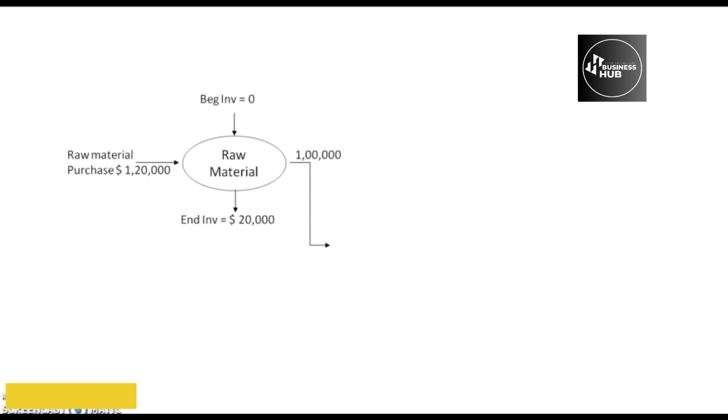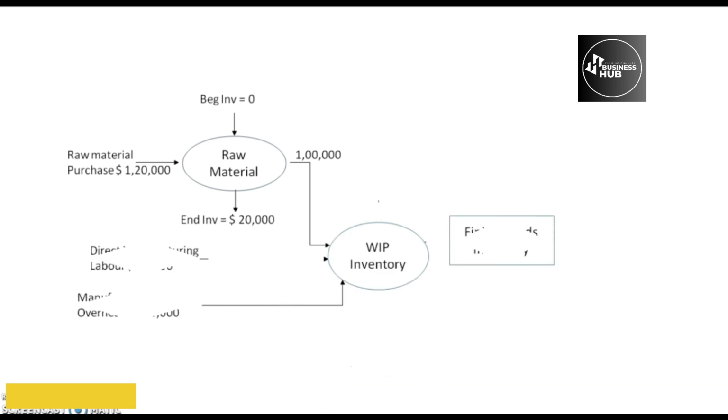Now comes the question: how are you going to evaluate the work in progress inventory? The work in progress inventory is evaluated by including the direct manufacturing labor costs as well as other overheads into the raw material cost. Let me explain how this happens.